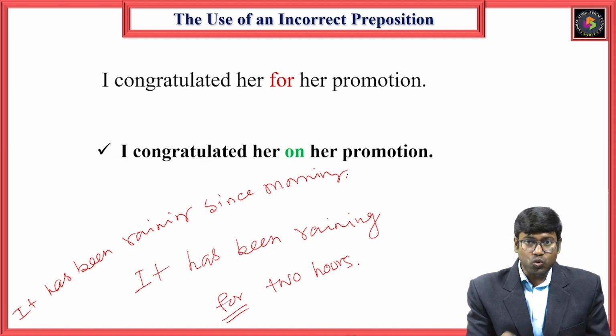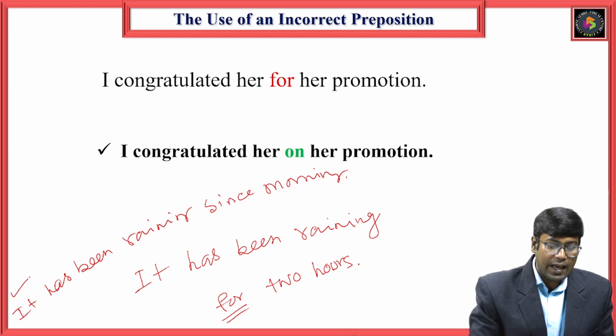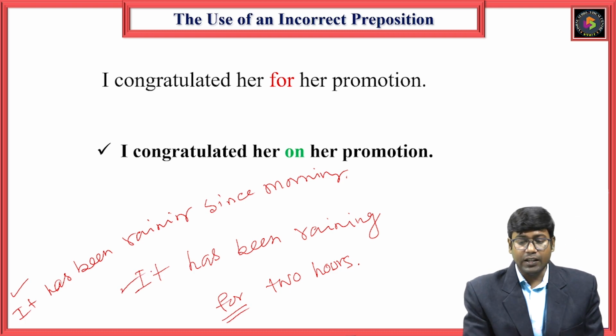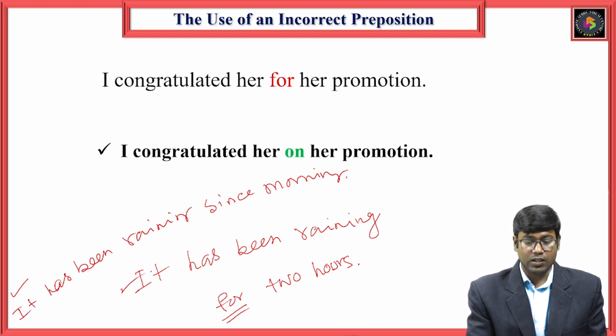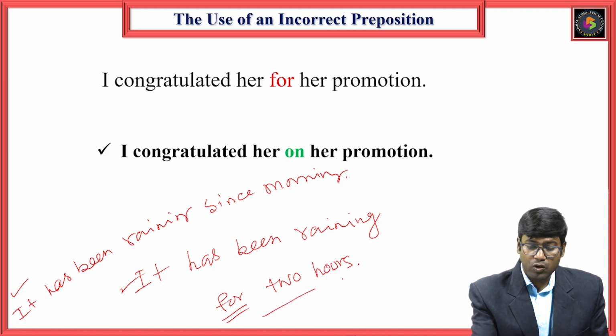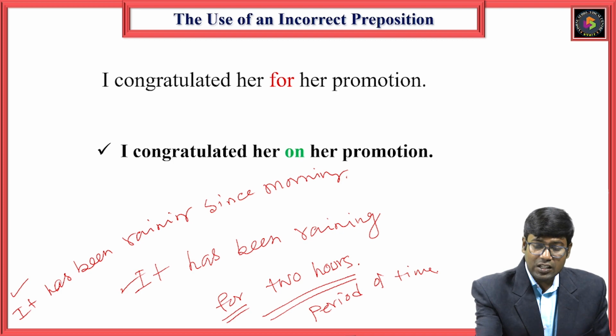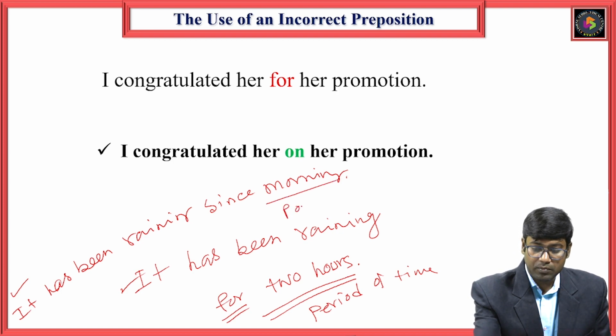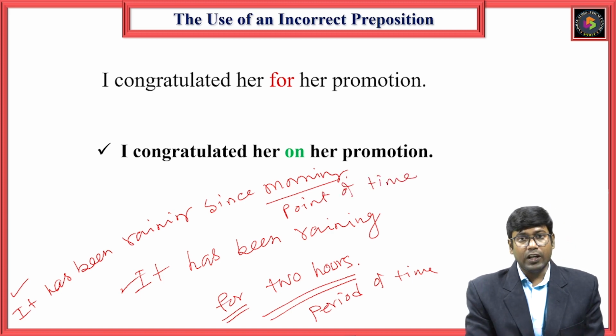Now here are two examples. The first one is it has been raining since morning. The second was it has been raining for 2 hours. Here you can see for 2 hours is a period of time. Since morning indicates a point of time, which point it has started.